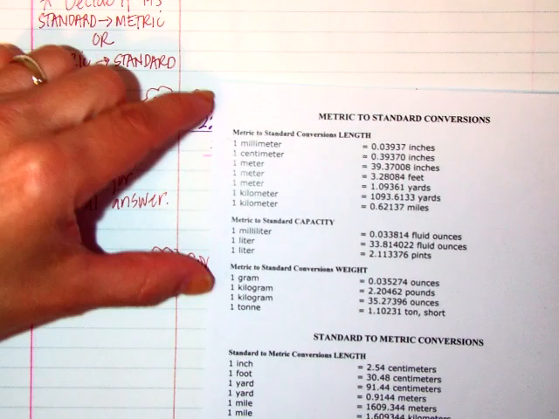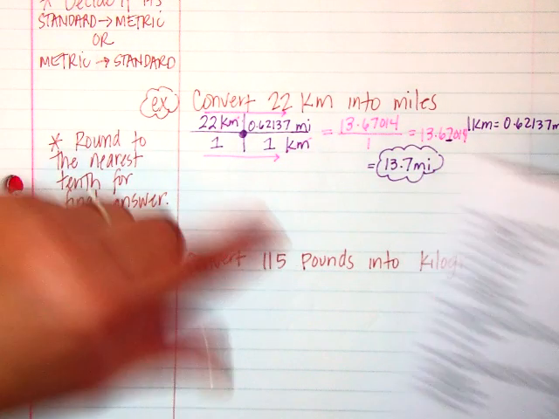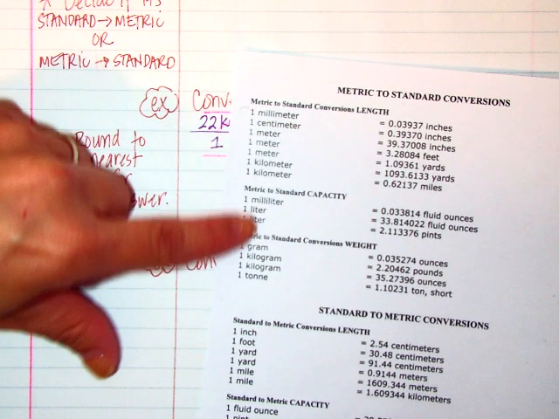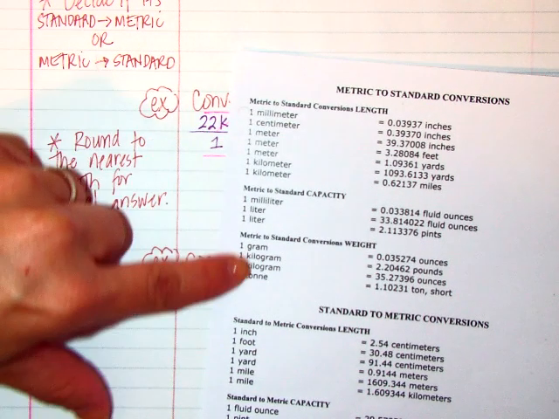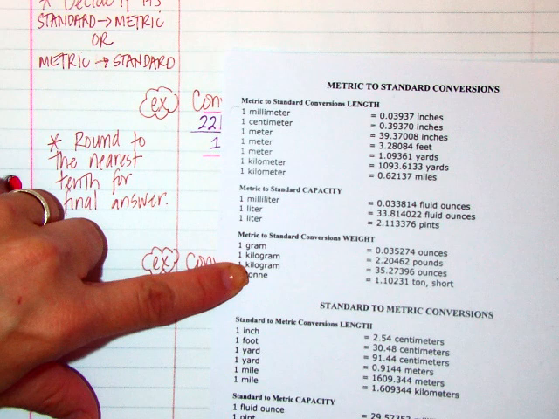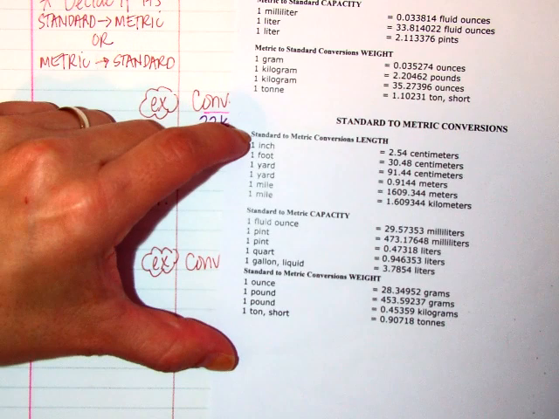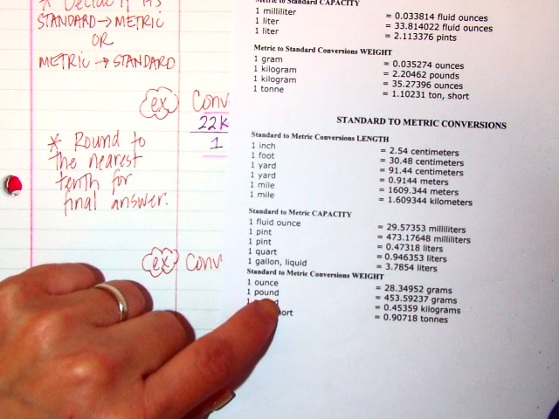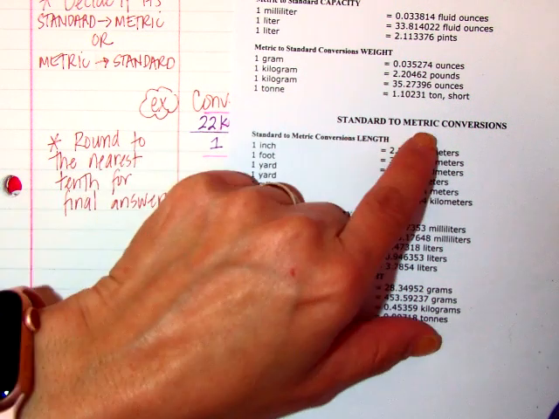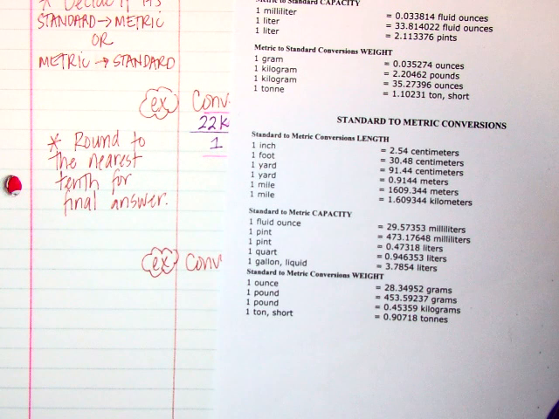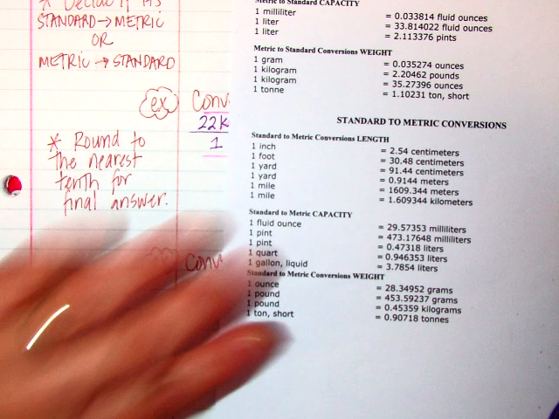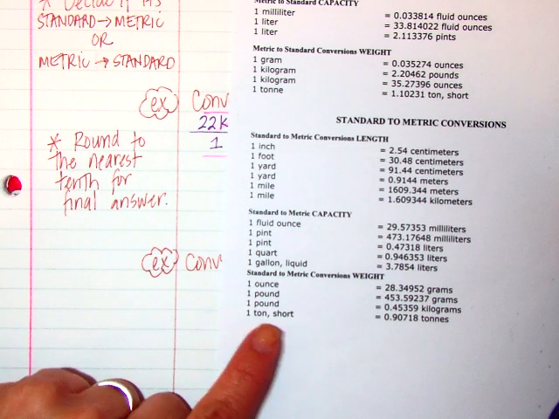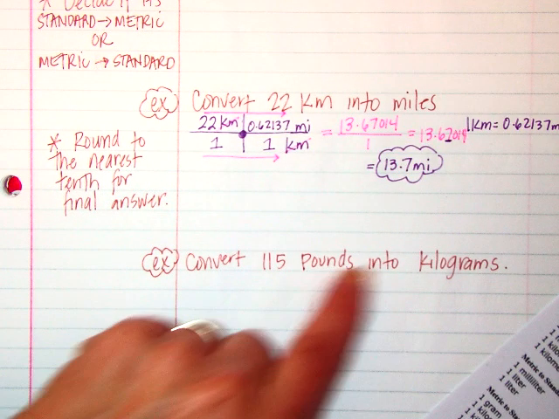Can I find pounds on the first half? So I go through my list and I don't see pounds anywhere. So now I'm going to go to the bottom of my list and I'm looking for pounds, and sure enough, pounds is here. So that means we're going from standard to metric. Okay?